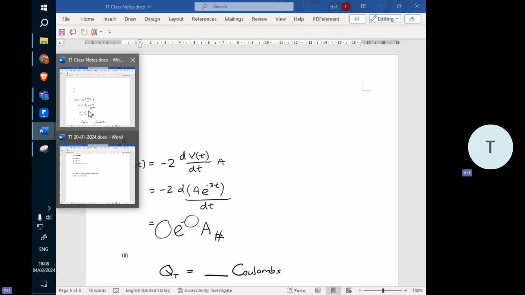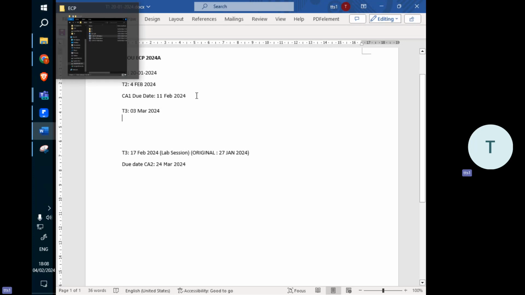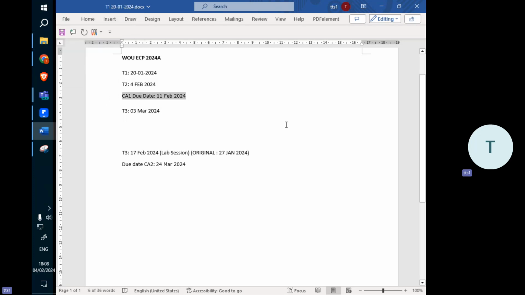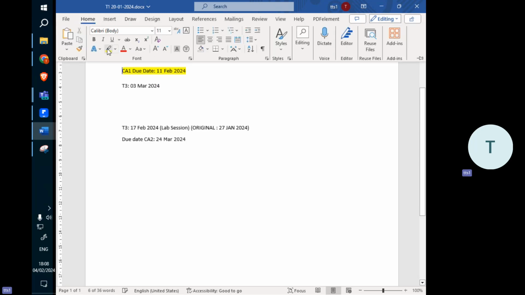Looks like today I need to complete it, otherwise, because the next time we meet is the 3rd of March. T3, let's call it T3, is on the 3rd of March. So I think we need to make sure that we can fulfill this requirement.